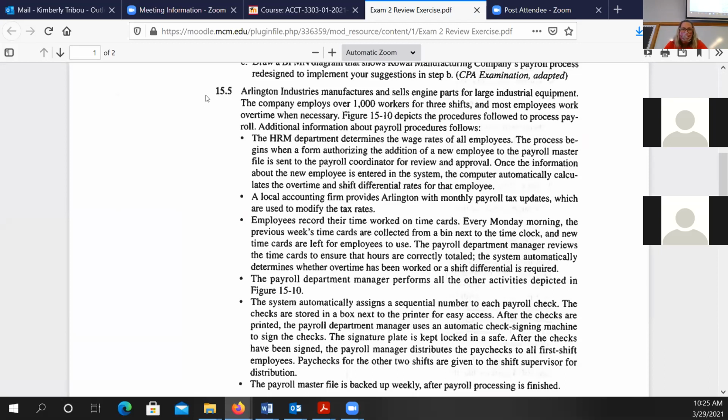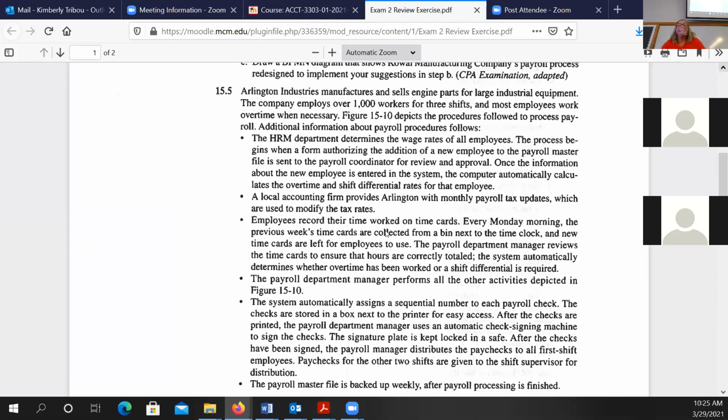Are y'all able to see it's 15.5 Arlington Industries? Is that what I'm showing on the screen right now? Those attending remotely? Yes. Okay, awesome. Thank you so much.